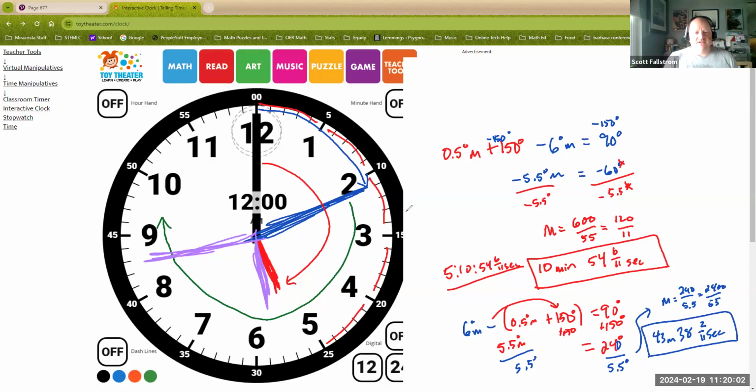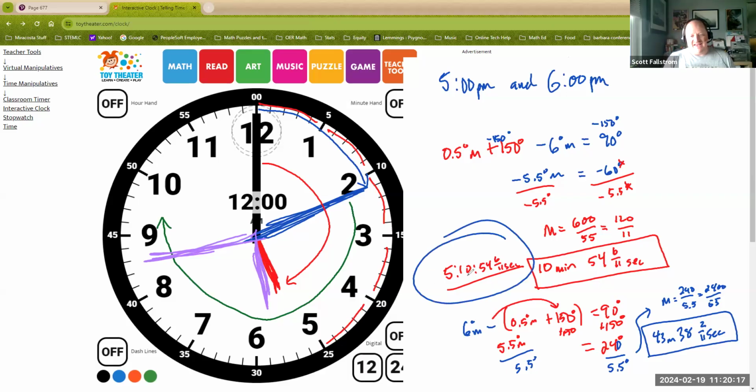So what this says is there are 2 times between 5 o'clock p.m. and 6 o'clock p.m. when the clock shows a 90-degree angle. One of them is at 5:10 and 54 and 6/11 seconds, and the other is at 5:43 and 38 and 2/11 seconds.